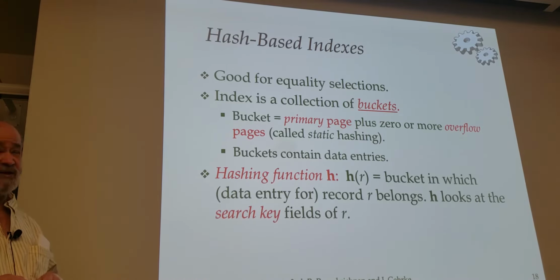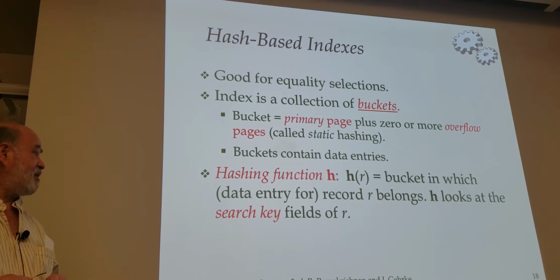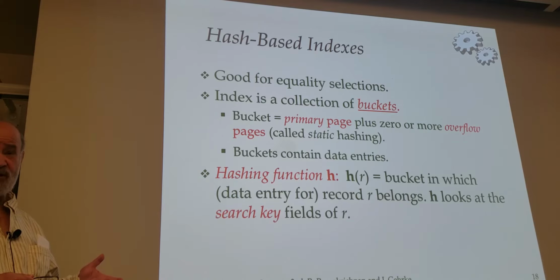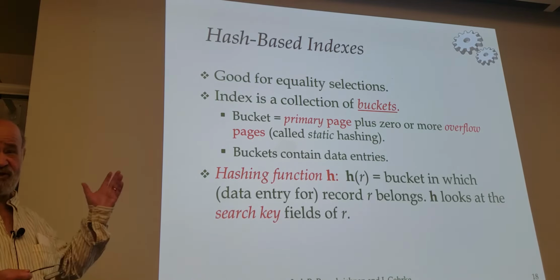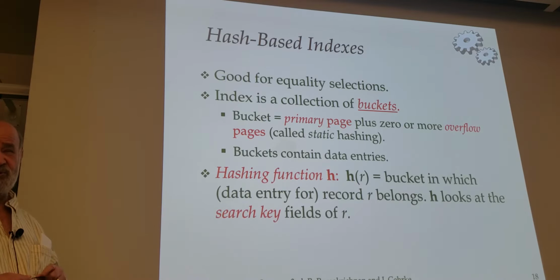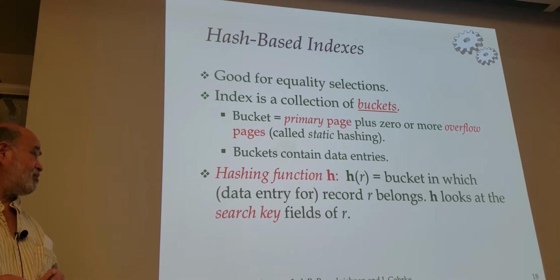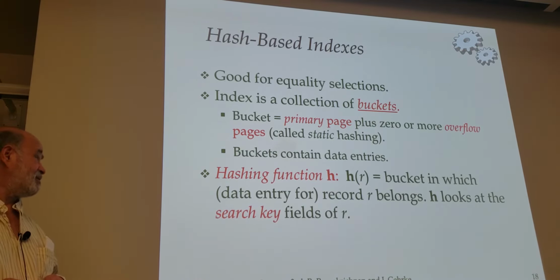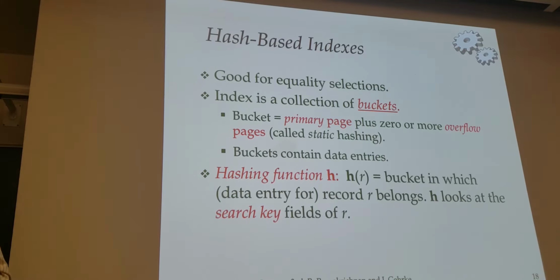So really the slides should say H of K. So the bucket in which you put record R is based on the search key inside R. So if a student record has a lot of other things about the student, but you want to find all the students who are from a given state, even though the record has all this stuff, you're only looking at the state to be able to do H of the state, not the whole record. So you look at the search key fields of R, not the whole thing.